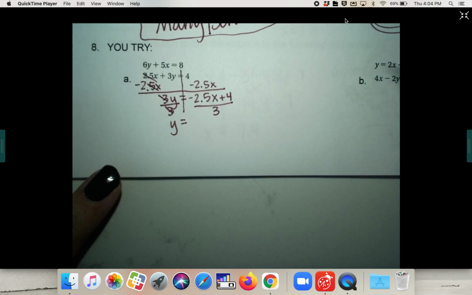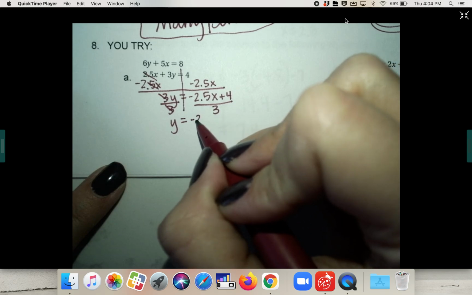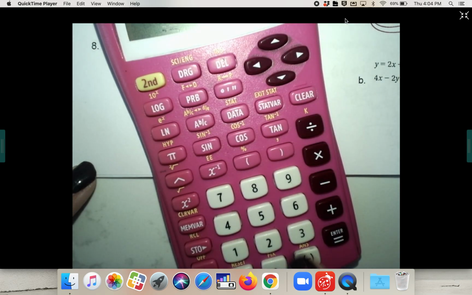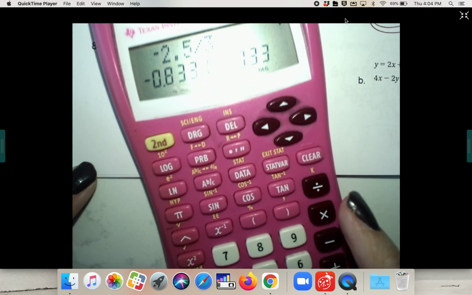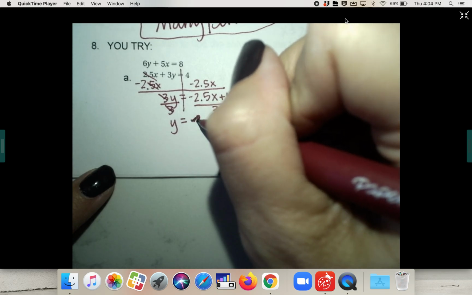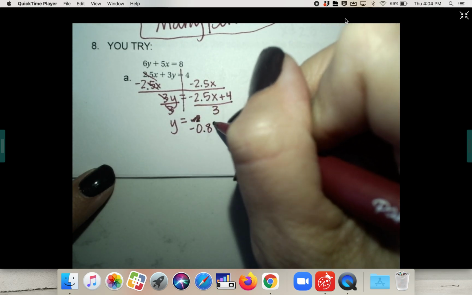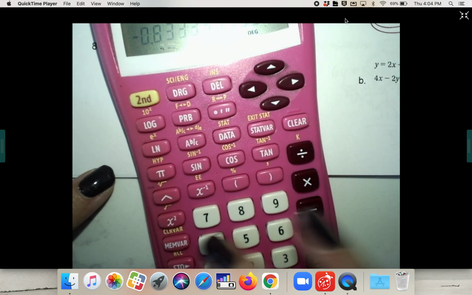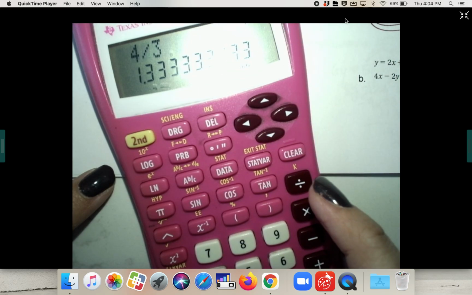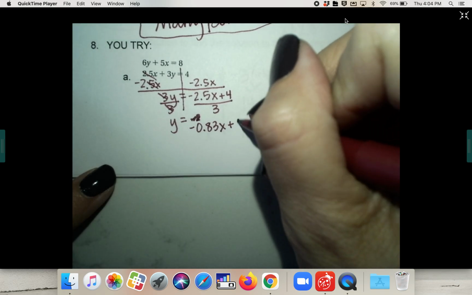Actually, let's do the math. What's negative 2.5 divided by 3? It's negative 0.83 repeating. We're going to round it to negative 0.83, x plus, what is 4 divided by 3? 1.3 repeating. So we're going to round it to 1.3.